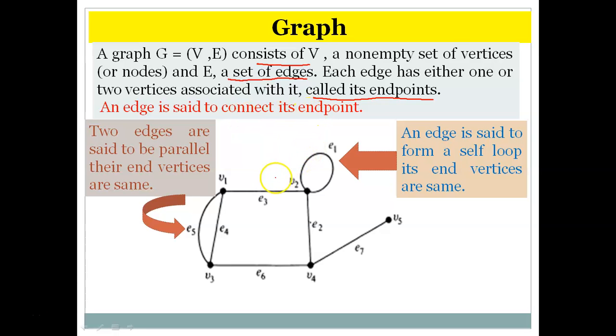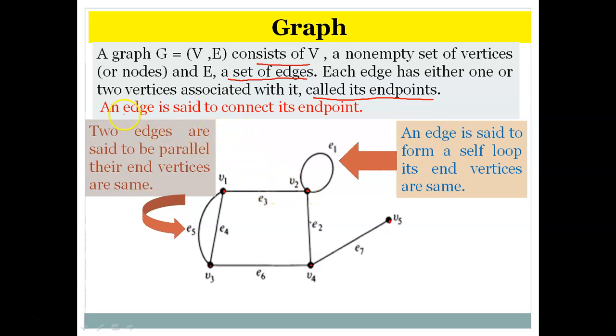You can see in this example, these dots are representing the vertices, and these lines are representing the edges between these vertices. Here we have five vertices: V1, V2, V3, V4, and V5. Suppose we talk about the vertices V1 and V2, then we have an edge E3 connecting them.